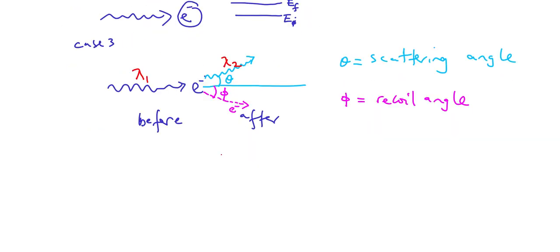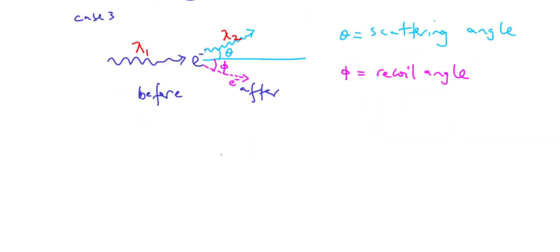There is a derived formula which relates the final photon with the original photon. The final wavelength lambda 2 equals lambda 1, the original wavelength, plus Planck's constant over the rest mass of the particle that scatters the photon, times c, into the bracket 1 minus cos theta, where theta is the scattering angle.